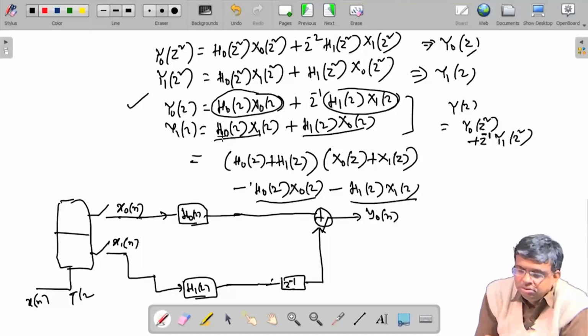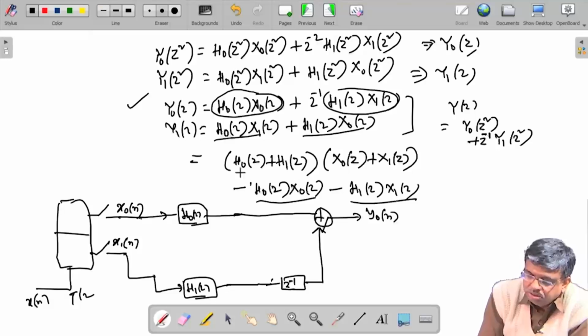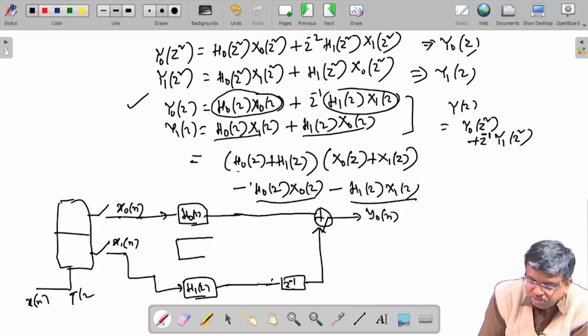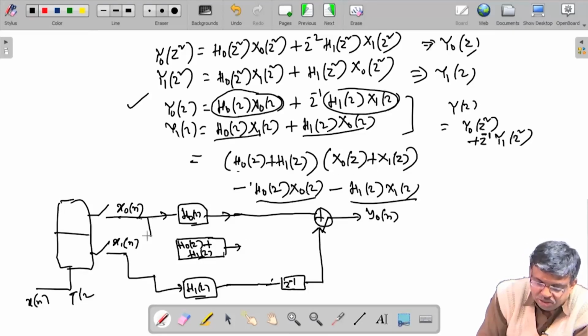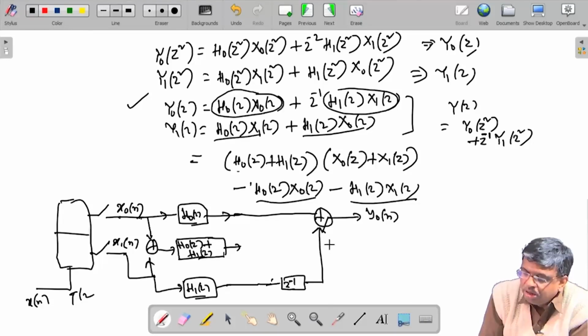The other one is what? First, another filter whose transfer function is neither h 0 nor h 1, but h 0 plus h 1. And its input is neither x 0 nor x 1, but their addition. So these two get added, these are the extra additions coming in, and then multiplied.